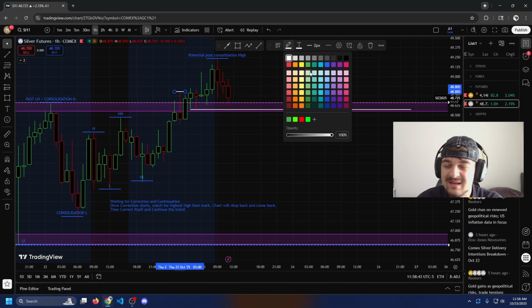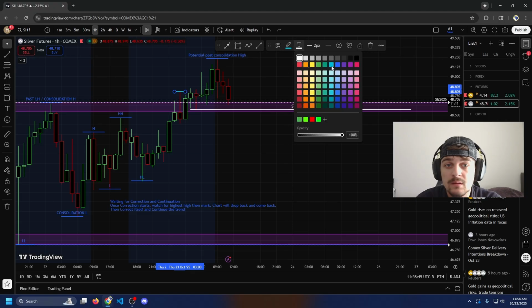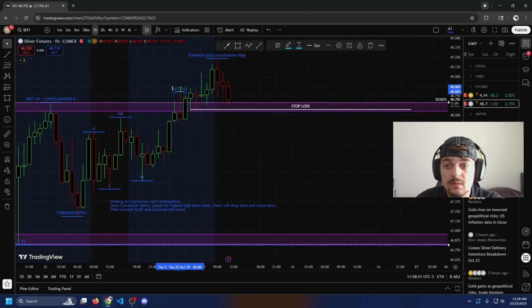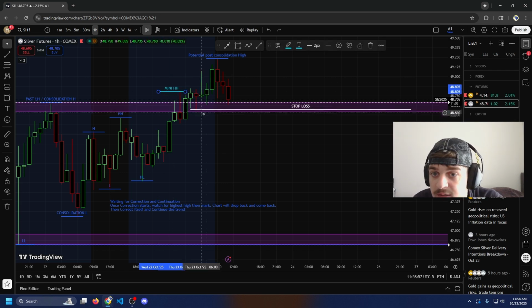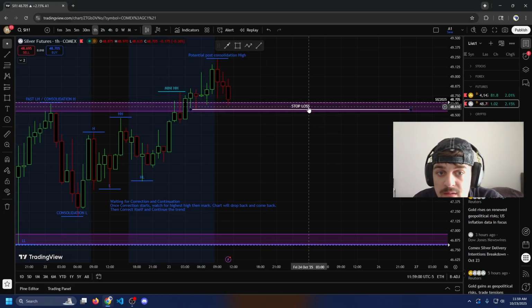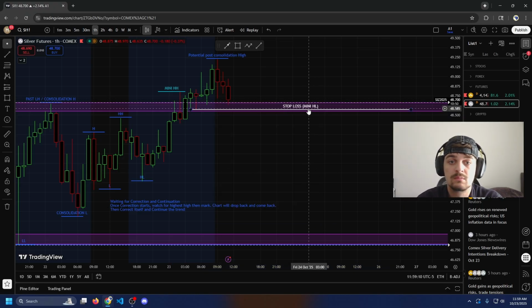I'm gonna put that as teal, mini higher high. Is there such a thing as a mini higher high, guys? Stop loss, mini higher low.